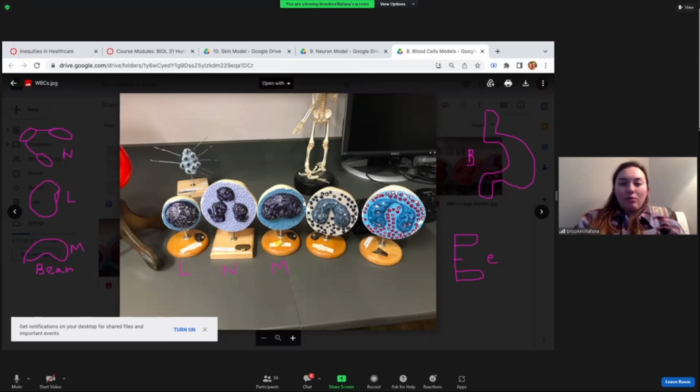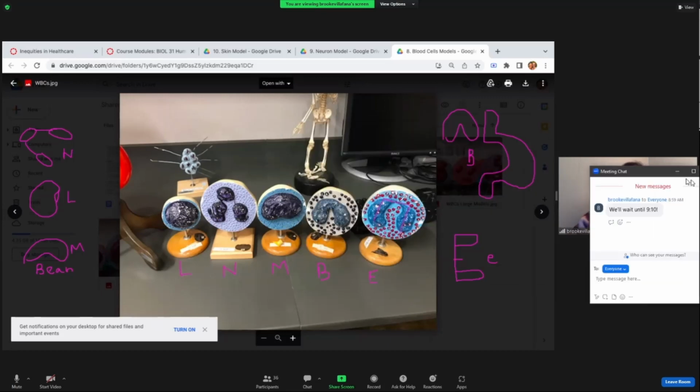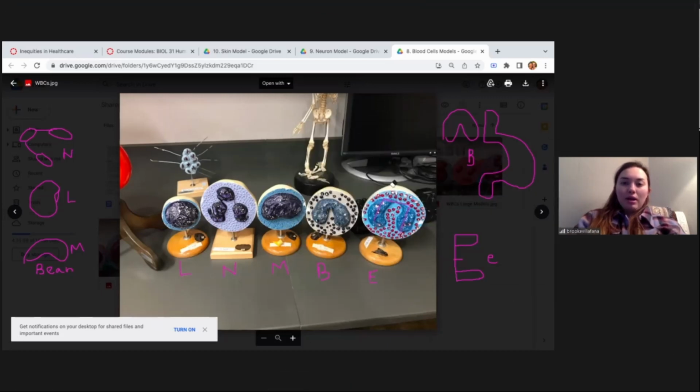Lymphocyte is always kind of round. Basophil here is the one that looks different. It kind of has these two appearances. One time it looks like this, and the other time it looks like this stomach thing. And then the eosinophil always looks like an E. Does everybody see how it's just sideways now, but it's still that E shape with the little tiny narrow part here, right? So that's everything for this model.